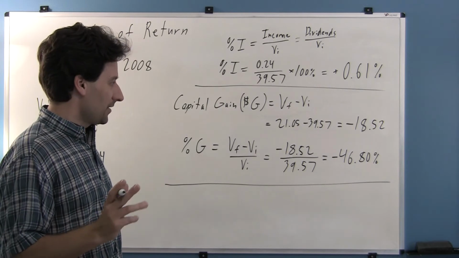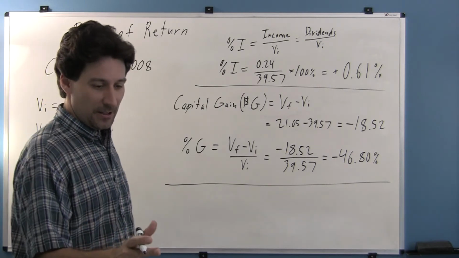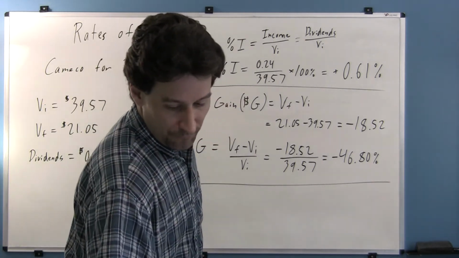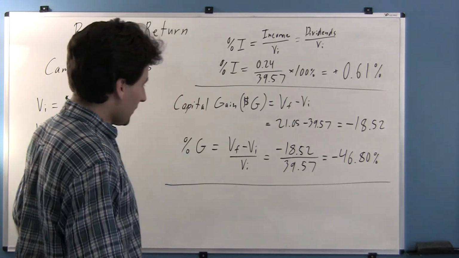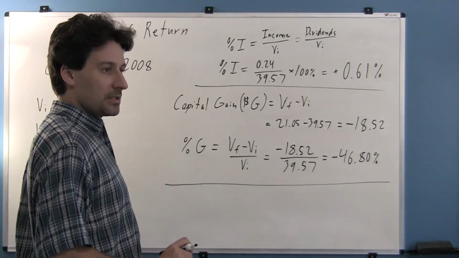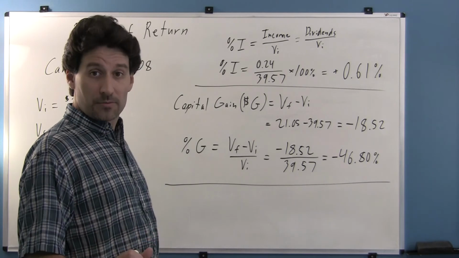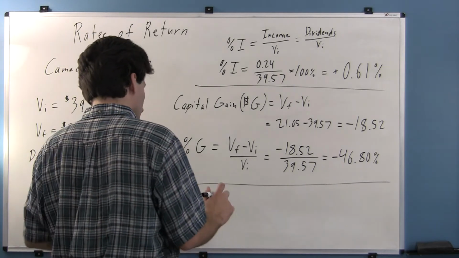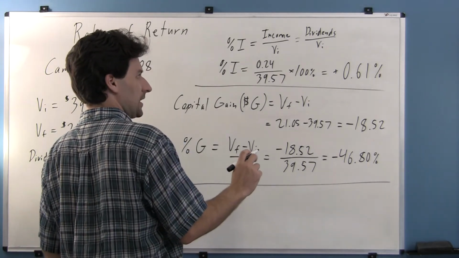Okay, third bit: the overall rate of return. Like I say, you can just add the numbers directly here. I'm going to do that for ease in this case.